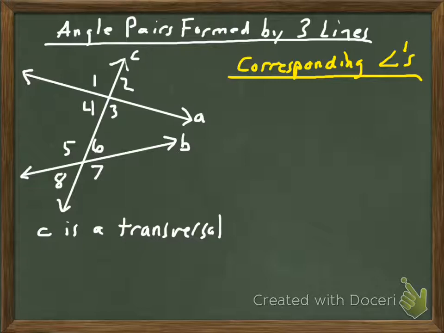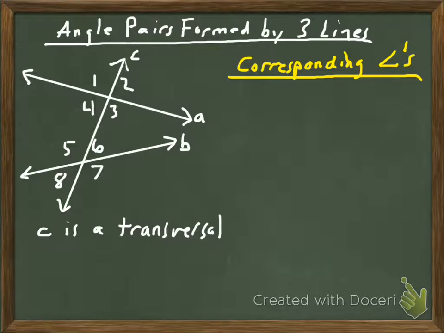And what I mean by corresponding positions: angle 1 is the top left angle where line A intersects C, and then angle 5 is the top left angle where line B intersects line C. Since they're both the top left angle at their respective intersections, they're in corresponding positions, and so they're corresponding angles.